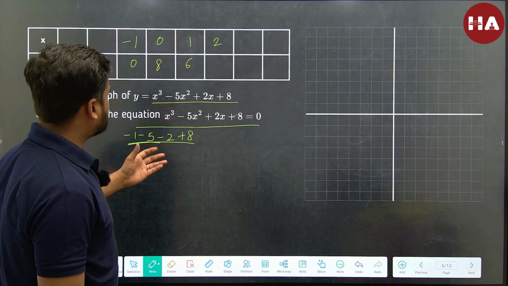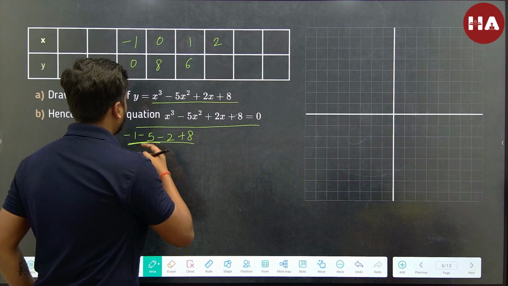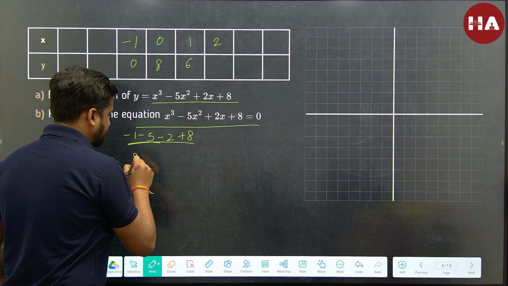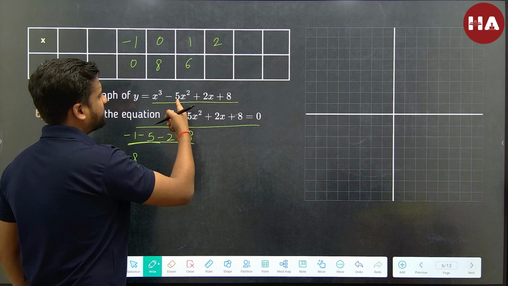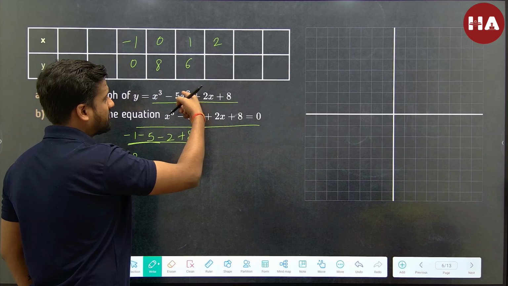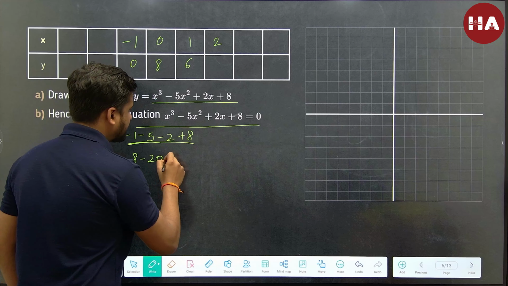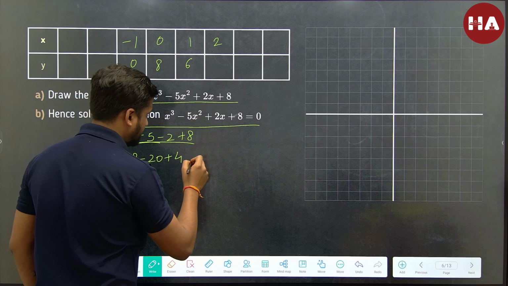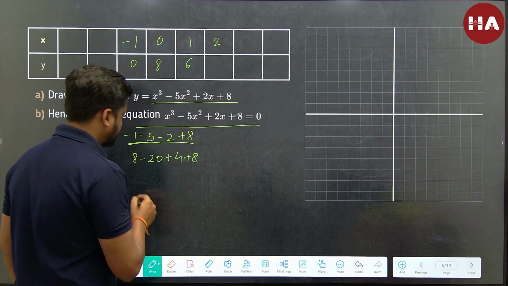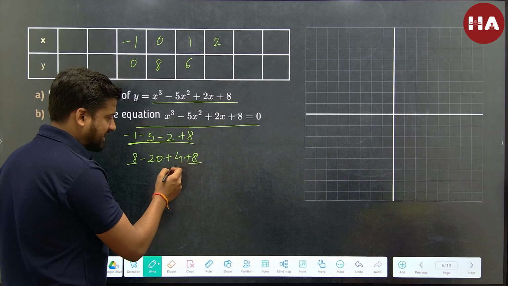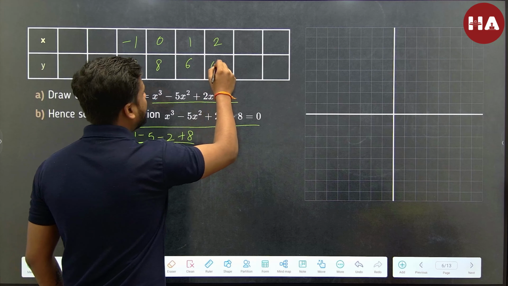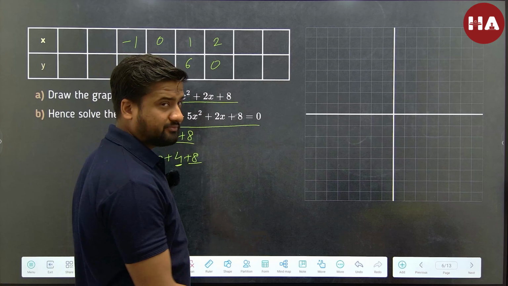When x is 2, what do you get as y? 2 cube, that is 8, minus 5 times 2 square. 2 square is 4, times 5 is 20, plus 2 times 2, it's 4, plus 8 as it is. 8 plus 8 is 16, plus 4 is 20, minus 20, again 0, right?